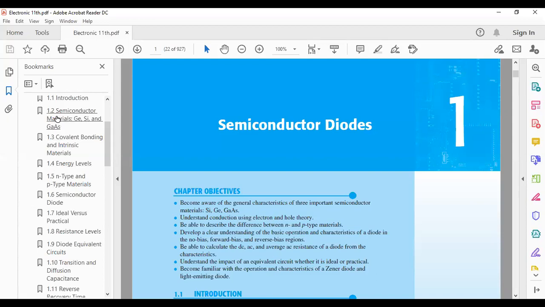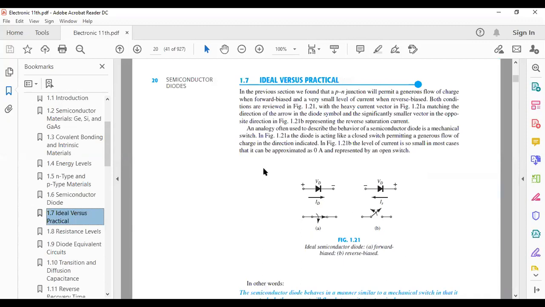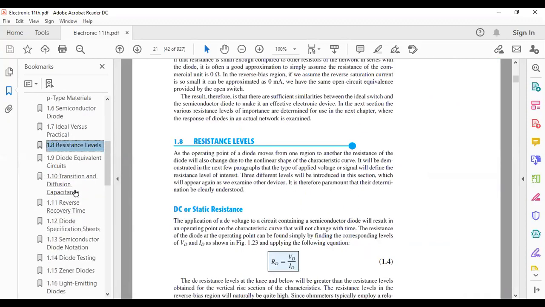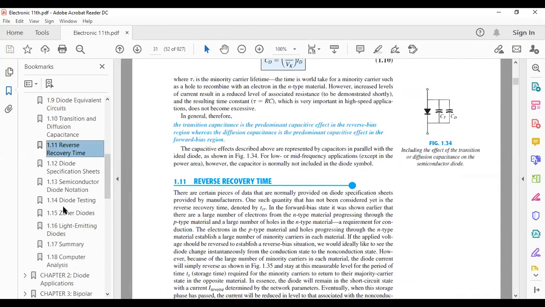These are the topics which are expected that you have studied during your +2. Diode is formed by N-type, P-type material, and then semiconductor diode, ideal versus practical. This is the main starting point, then resistance level, capacitance, reverse recovery time, up to 1.11.